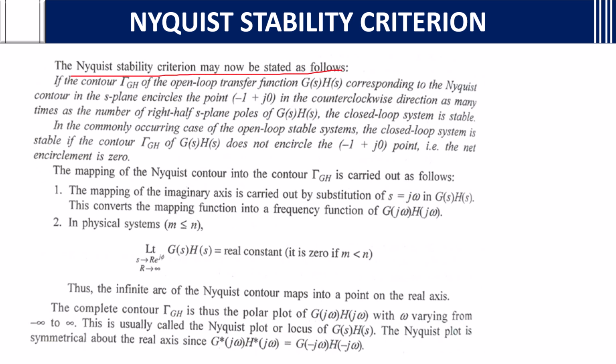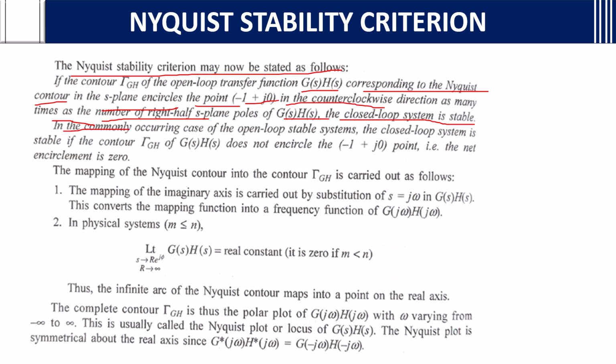If the contour of the open loop transfer function G(S)H(S) corresponding to the Nyquist contour in the S plane encircles the point -1 + j0 in the counterclockwise direction as many times as the number of right half S plane poles of G(S)H(S), the closed loop system is stable. System is what? Stable.